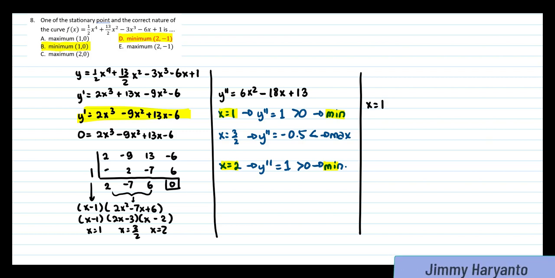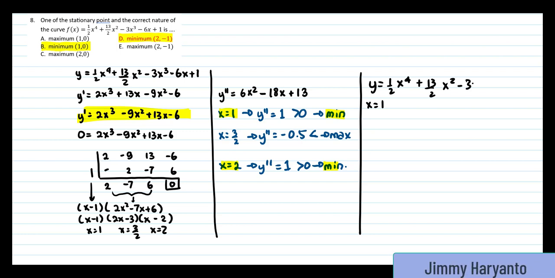Okay, when x equals 1, y equals half x to the power of 4 plus 13 over 2 x to the power of 2 minus 3x cubed minus 6x plus 1. When x equals 1, it will be half plus 13 over 2 minus 3 minus 6 plus 1.